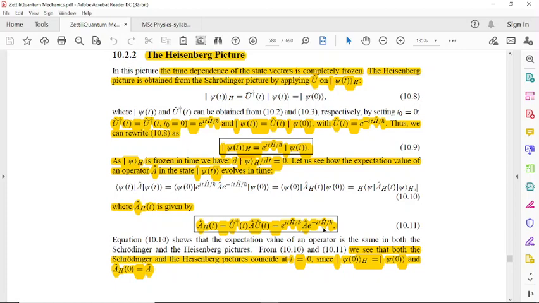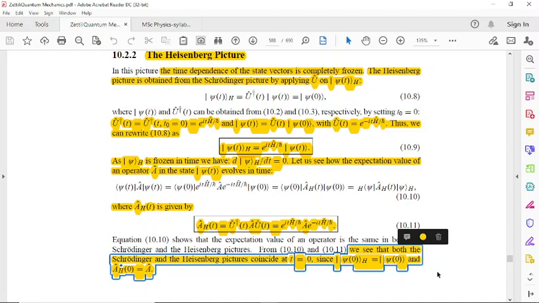We have seen that at t equal to t0, psi of 0 H equals ket psi of 0. That means the Heisenberg picture equals the Schrodinger picture.